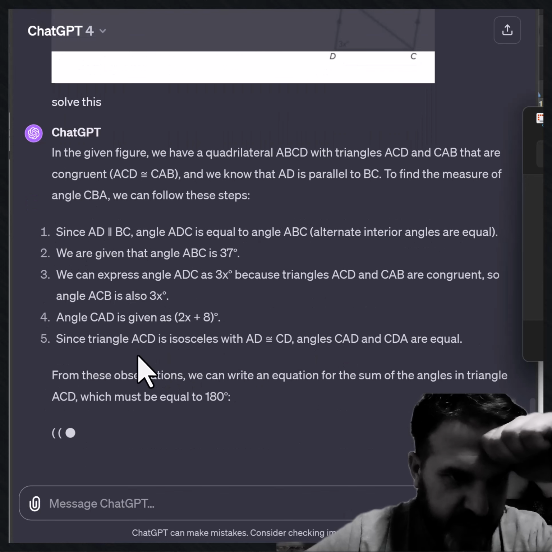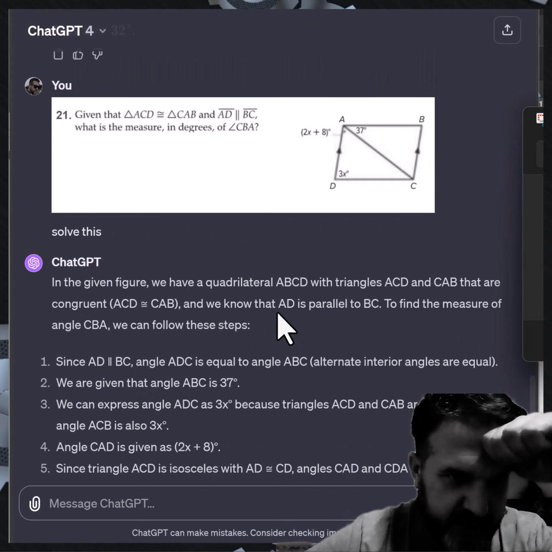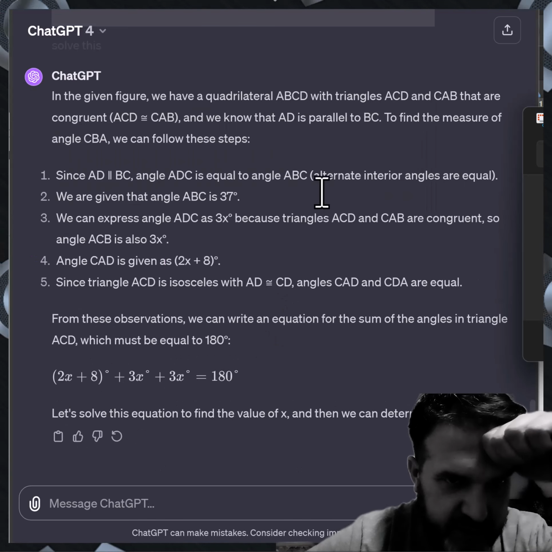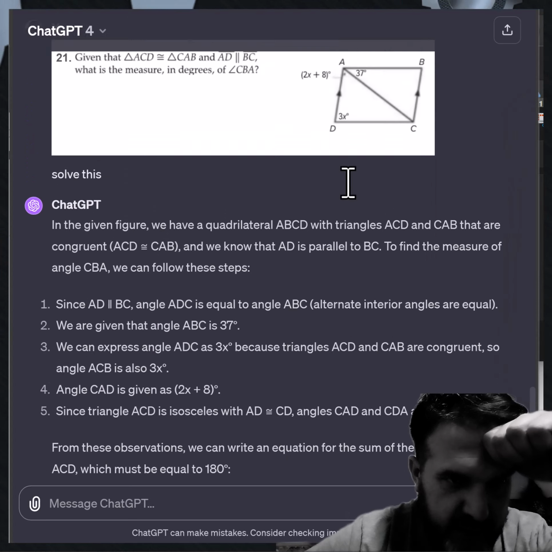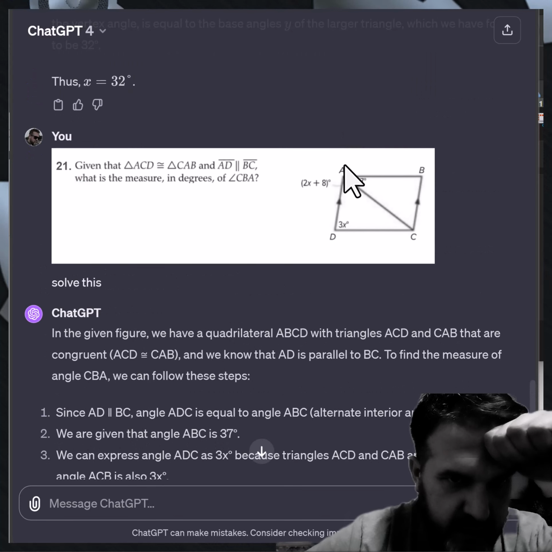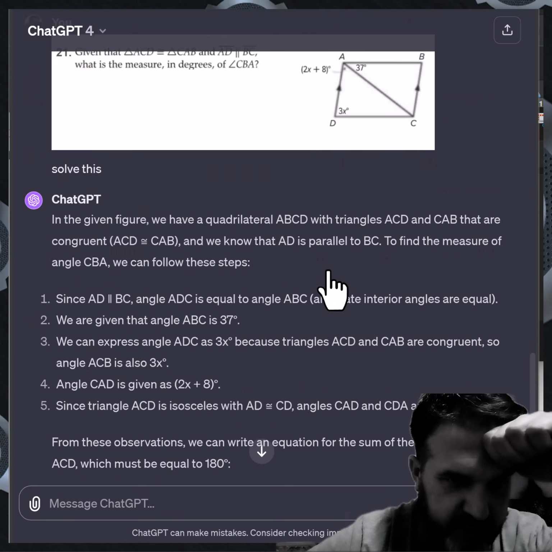We can express angle ADC is 3x because, okay, we can express ADC. So that's a given.